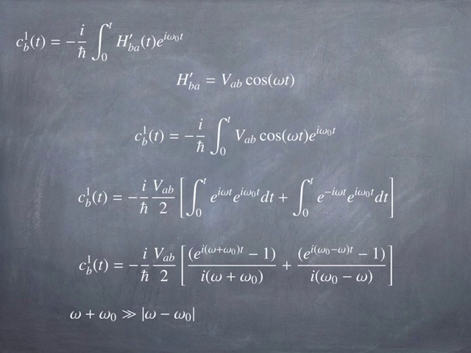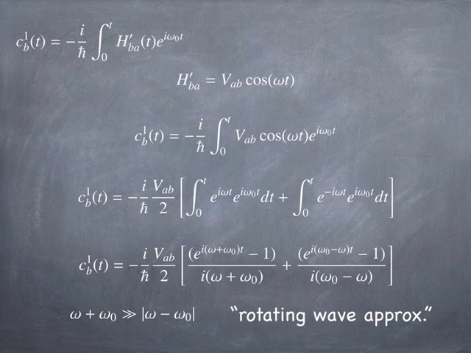I'm going to say, let's imagine that omega is very nearly equal to omega naught. So that means if you look at these two expressions, omega plus omega naught is going to be much, much, much greater than omega naught minus omega, or omega minus omega naught. And for that reason, that first term in this expression is so small, I can basically neglect it compared to the second. That's the idea.